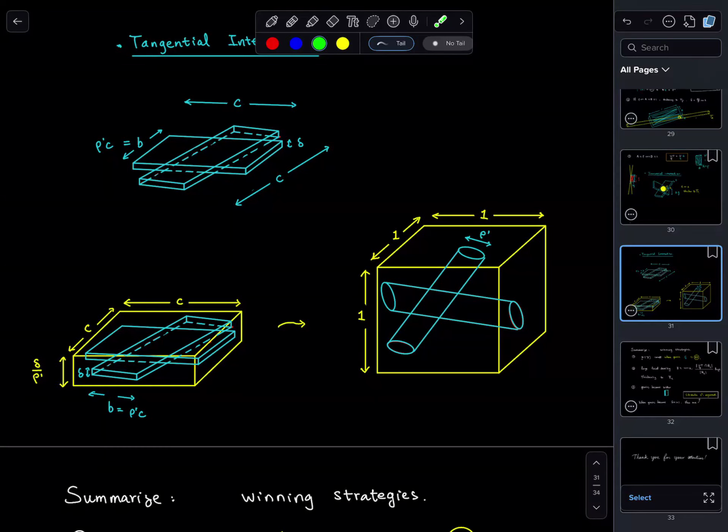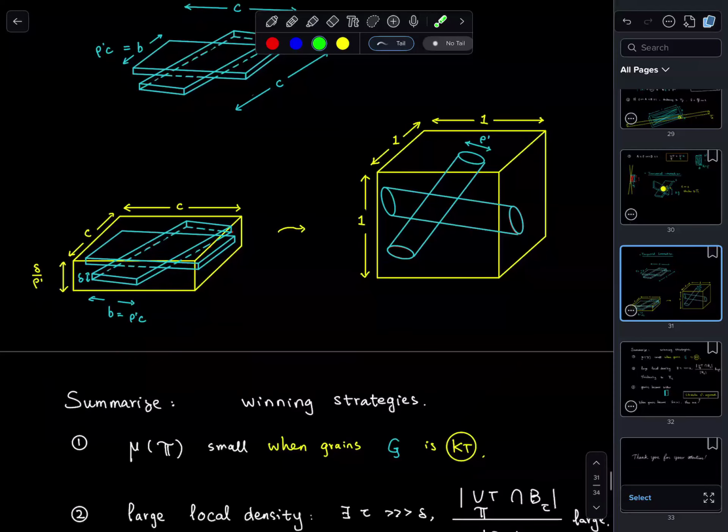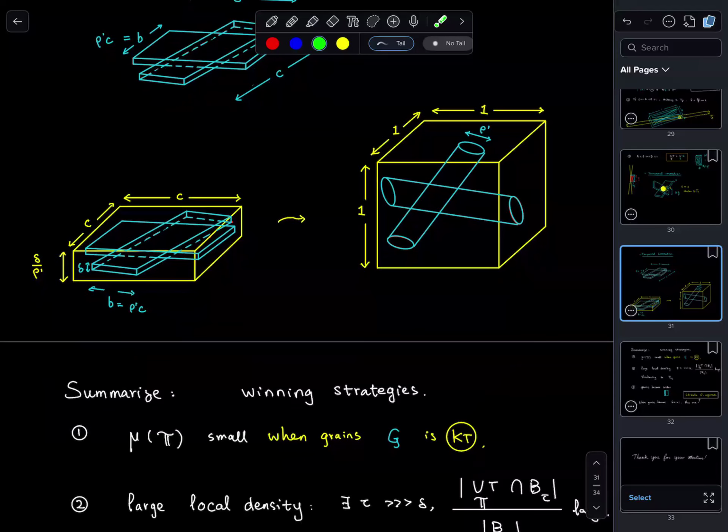All the planks that intersect tangentially should lie inside some flat slab. That is the yellow thing, because they have some planar direction, and when they intersect tangentially, they also have to be more or less coplanar.